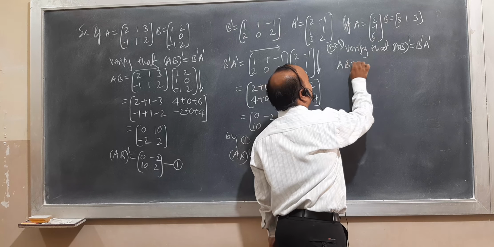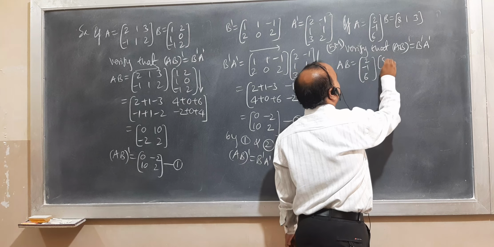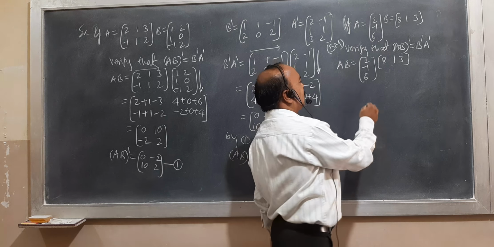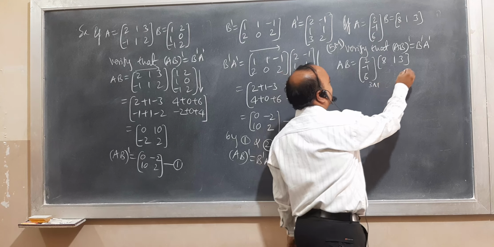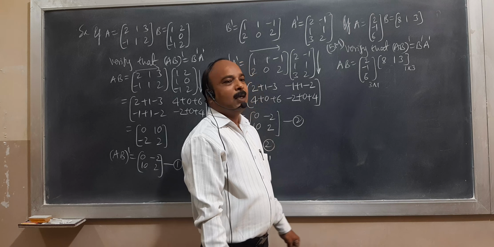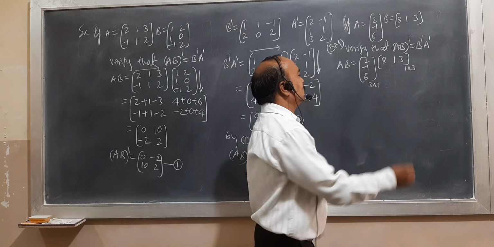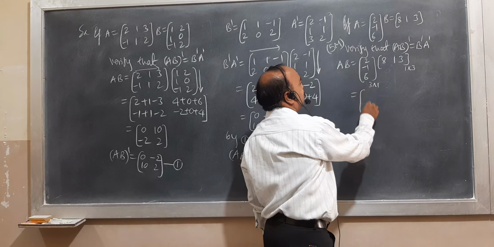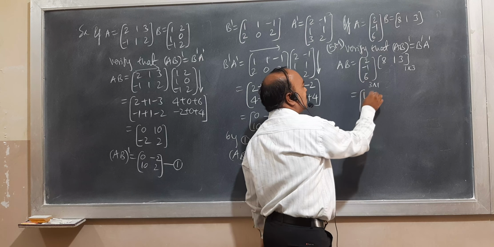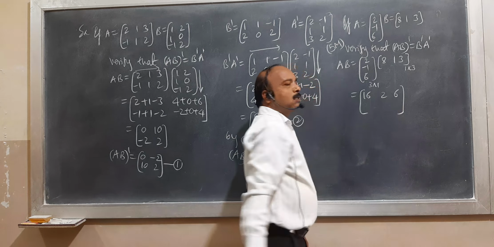AB is given by [2; -1; 6] into [8 1 3]. Now A is a column matrix of order 3 by 1. B is a row matrix of order 1 by 3. As we know that the product is of order 3 by 3. Then you calculate by multiplying 2 with all the columns. 2 8s are 16, 2 1s are 2, 2 3s are 6.